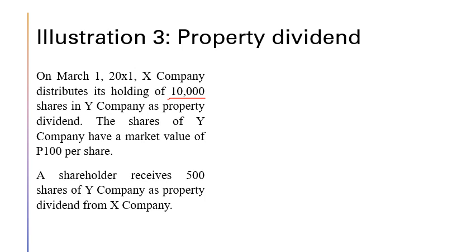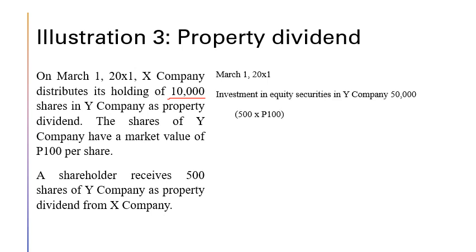Remember again that in recording property dividend, we're going to use the fair value of the property. So therefore, on March 1, the shareholder will debit the investment in equity securities in Y company, 50,000. That's 500 shares times 100 pesos fair value, and credit dividend income.